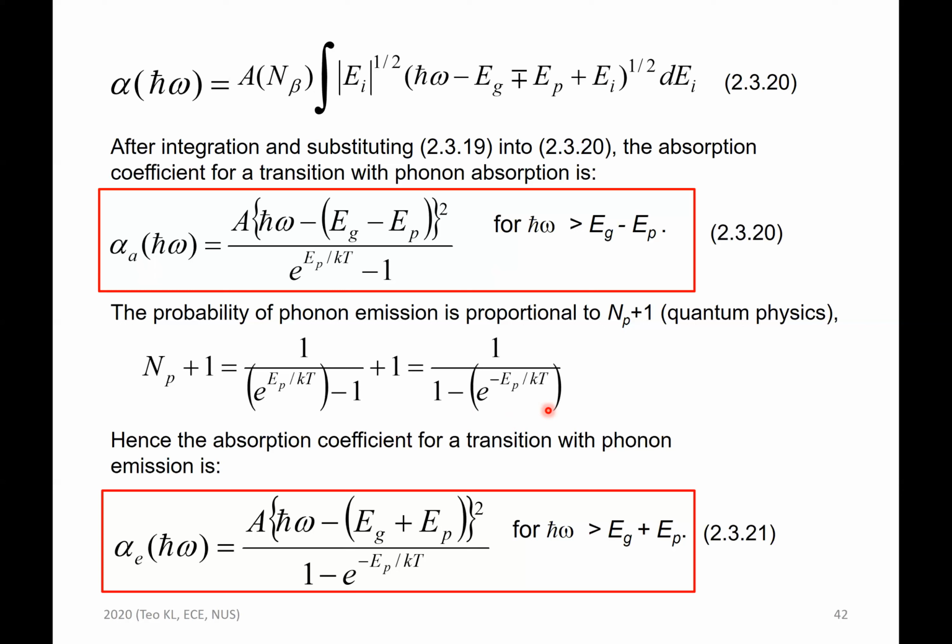So the absorption coefficient for a transition with phonon emission, by plugging in the NP plus 1 value, you will get this term for the absorption coefficient. So let us look at these two equations by plotting the graph.